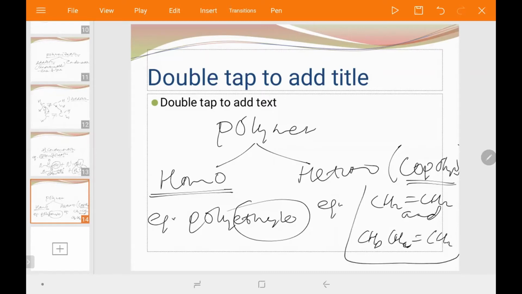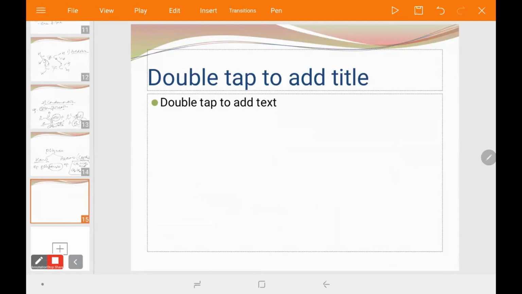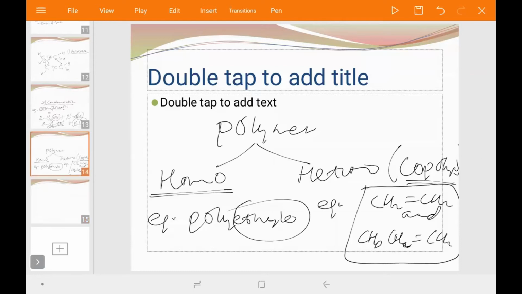These two can be used as monomer units. That is why we call this a homopolymer, because we have only a single unit, ethylene. We may have propylene, or anything which is the same unit, a single monomer.